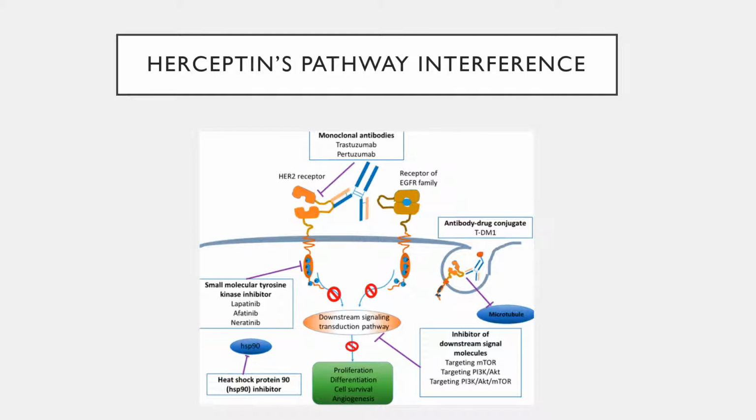So that's why trastuzumab, which is the other name of Herceptin, is used to inhibit that path, both the MAPK and PI3K pathways, which cause an increase in cell arrest and suppression of cell growth and proliferation by interfering the dimerization of the HER2 receptors and preventing it from activating and phosphorylating.